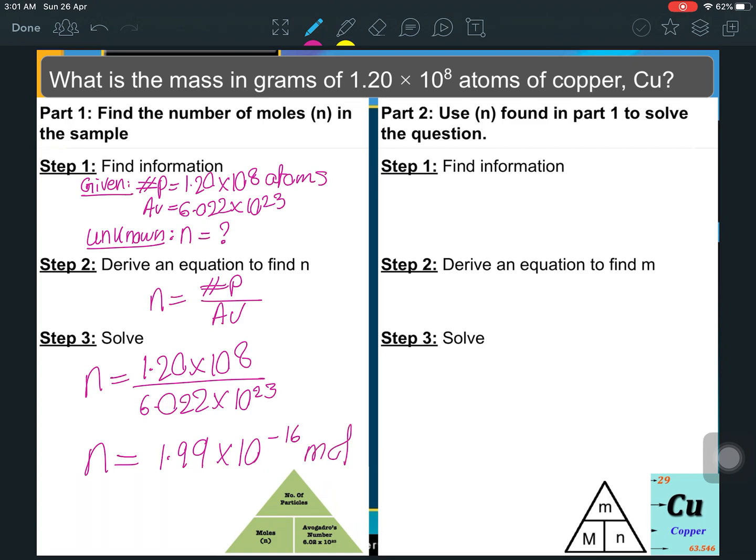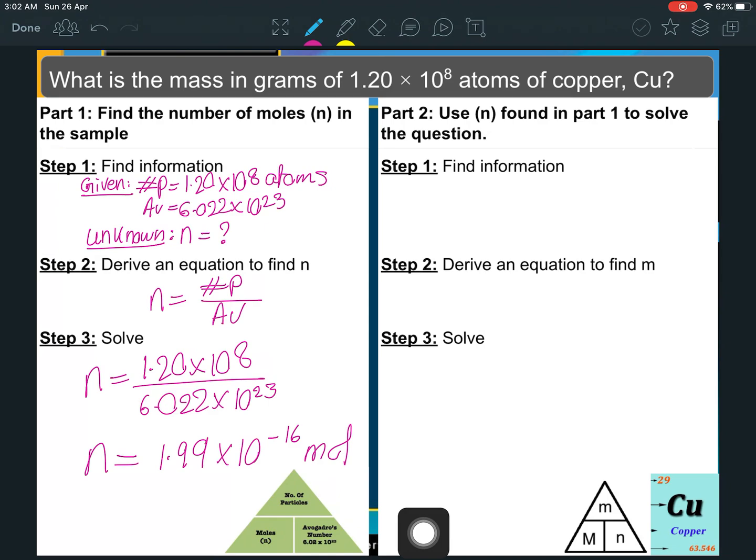And yes, you guys, whenever we're talking about atoms and the number of atoms, these are usually going to be pretty big numbers, and in this case the number of moles is going to be a pretty small number, so you will be using scientific notation. Okay, don't just write 1.99, your answer will be wrong. You have to include the scientific notation in it.